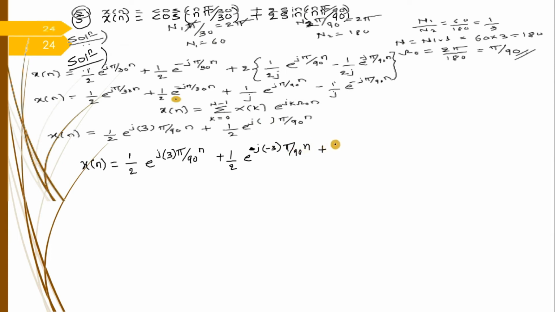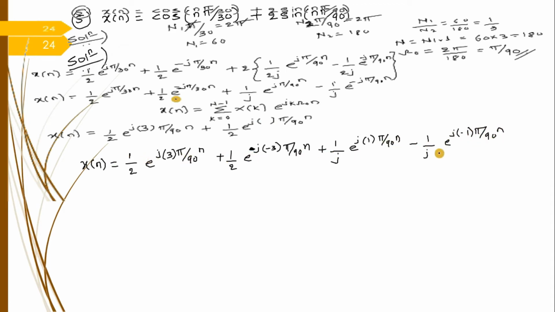Plus this was 1 by j e raised to, it was pi by 90 itself, hence k value was one time equal to 1 pi by 90 n. Next time it was minus 1 by j e raised to j minus 1 pi by 90 n.